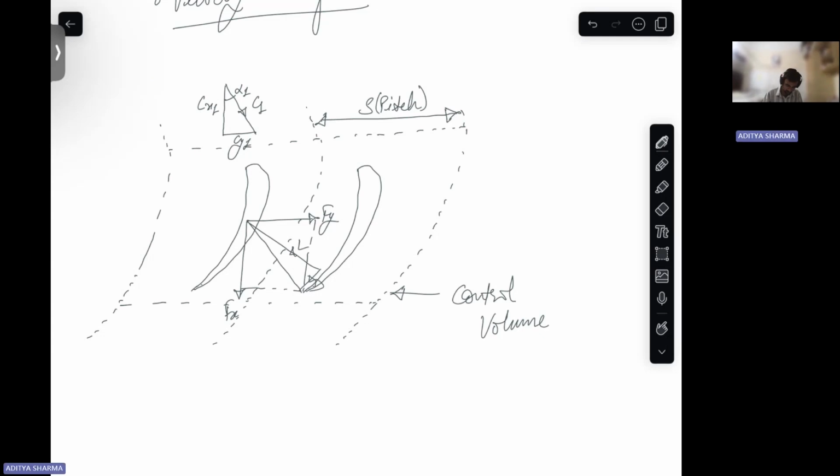This is lift, this is drag. This is the resultant force.